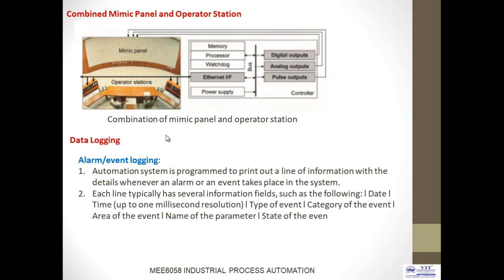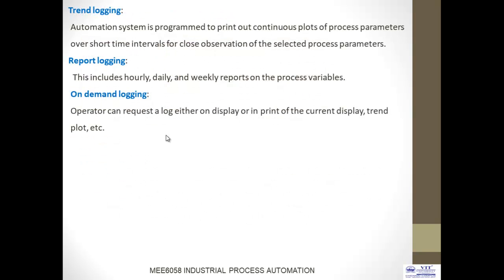One is alarm event logging to indicate the alarms, or to indicate the structure of the events, or to indicate the entire event structure of the parameters. Then the second is trend logging. There you plot the graph respective to time, respective to certain constraints. Report logging indicates the date and time and what time it happened. That's like the strategy of the process.